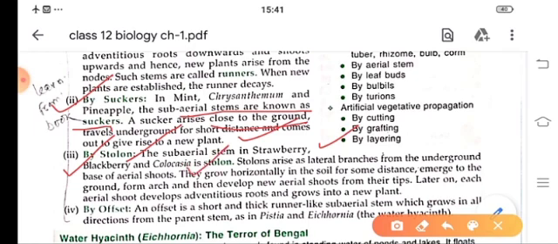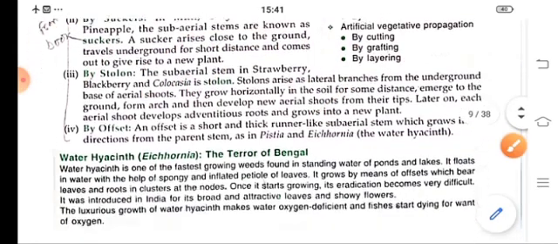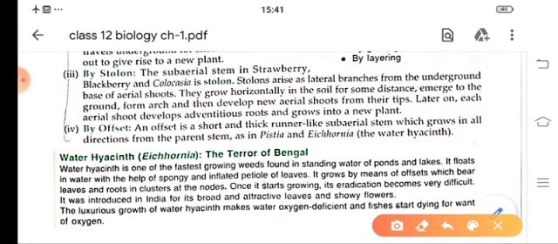Now these stolon arise from lateral branches from the underground base of the aerial shoot, and they grow horizontally in the soil, and then they develop into new aerial shoots from their tip. After that, each aerial shoot develops adventitious roots and gives rise to a new plant.